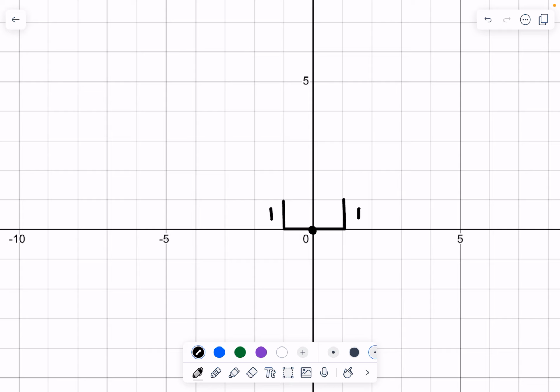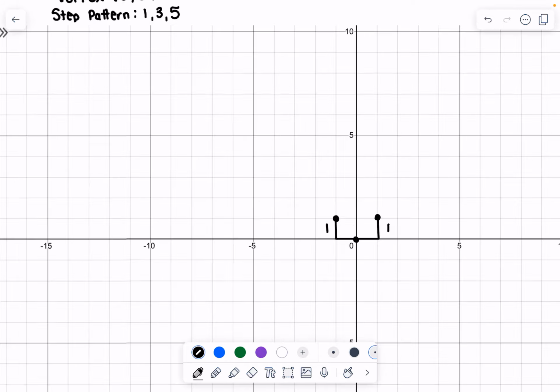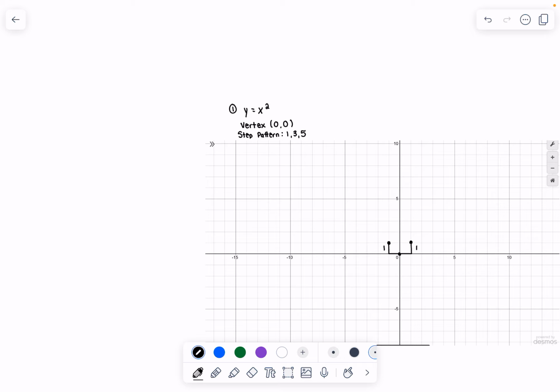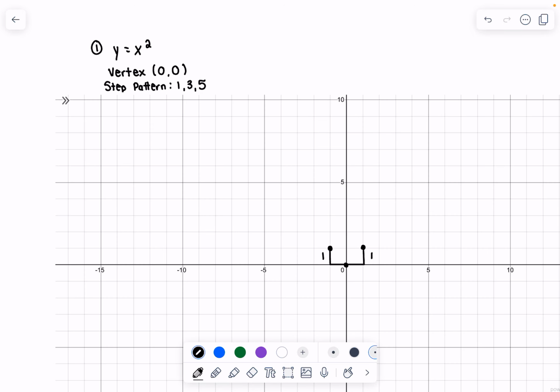You never, ever, ever plot a point until you've done both an x movement and a y movement, otherwise described as a left or right movement followed by an up or down. Our first 2 points should be right here. We've taken care of the step of 1, and we're going to make sure to do it on both sides. The next step is 3.